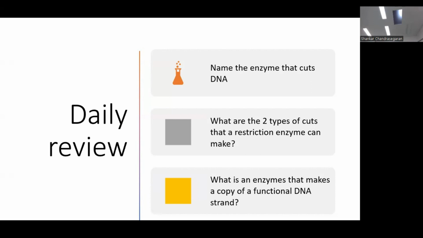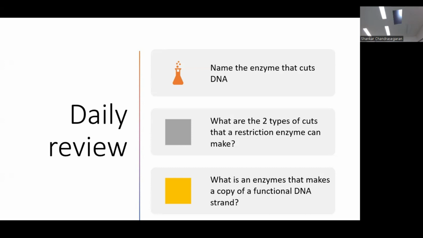The name very much explains what type of properties it has. Abi, what do you think? Evelina, any ideas? What are the two types of cuts restriction enzymes can make? I'll give you a hint. I'll draw it out for you.